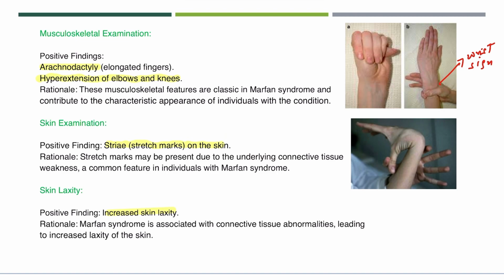As you can see, there is hyperextension at the wrist. And this is something called the thumb sign. This is called the thumb sign. So just demonstrate all these signs: wrist sign, thumb sign, and hyperextension, and do it confidently so the examiner knows you know what features to look for.